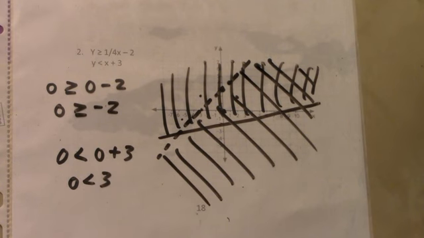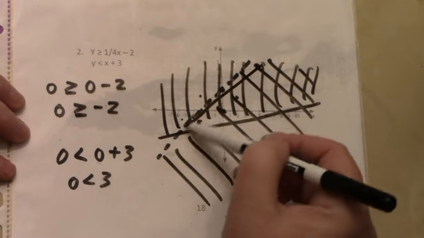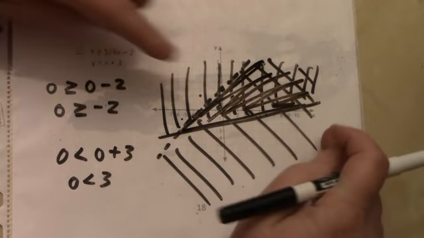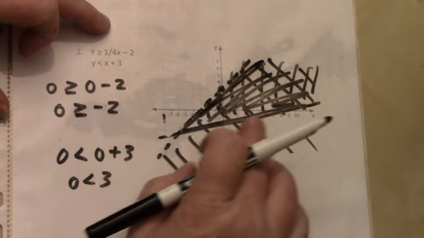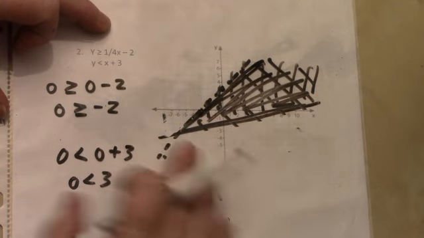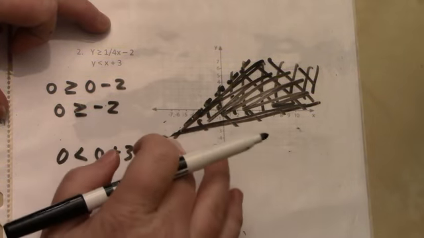What's the area that overlaps? It's this area right there. We would get rid of that, and we would get rid of that. Okay, right? I think that's it.